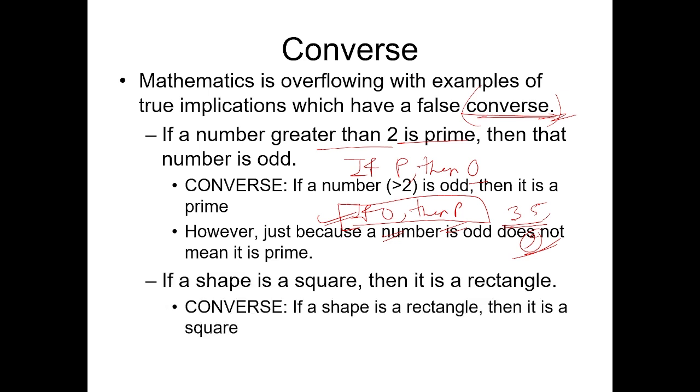Yep. If a shape is a square, then it is a rectangle. Squares belong to the set of the rectangles, right? So if a shape is a square, this is obviously going to be a rectangle. But are all rectangles square? No. So the converse is going to be like this. If a shape is a rectangle, then it is a square.